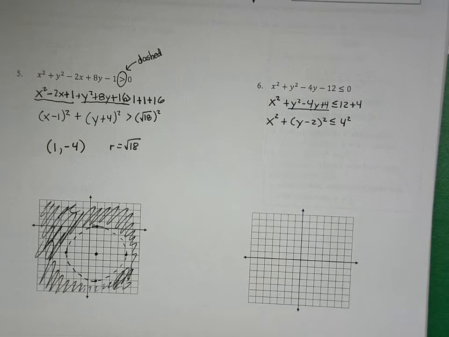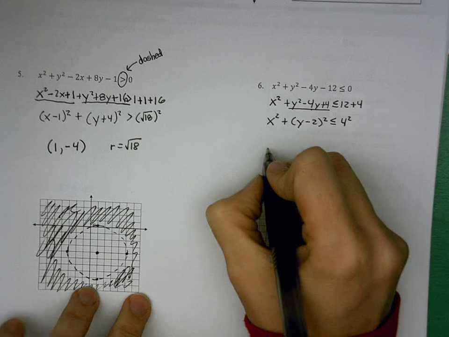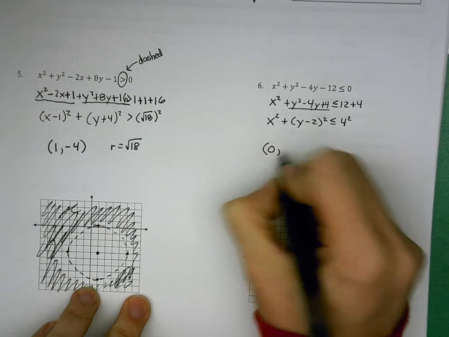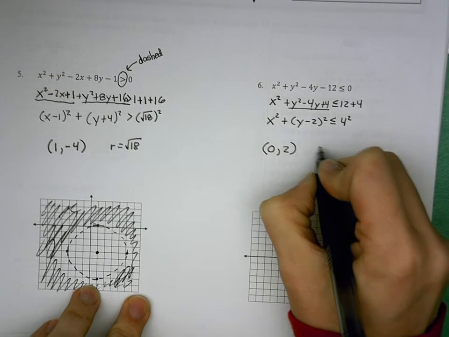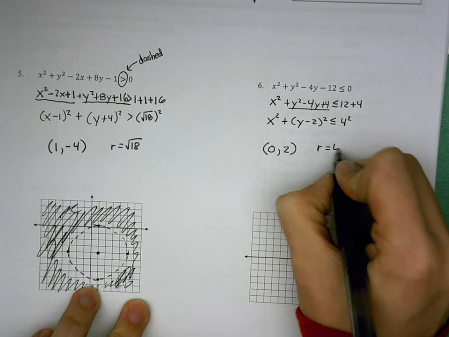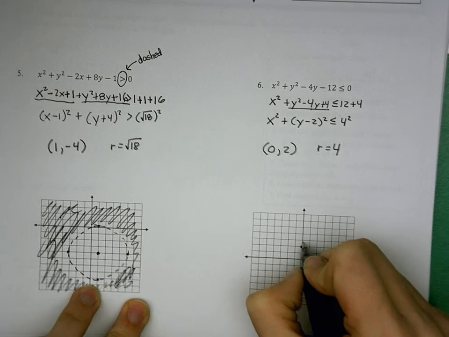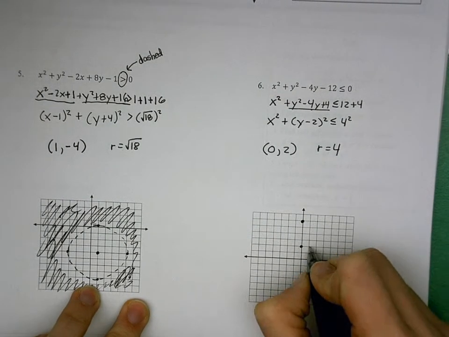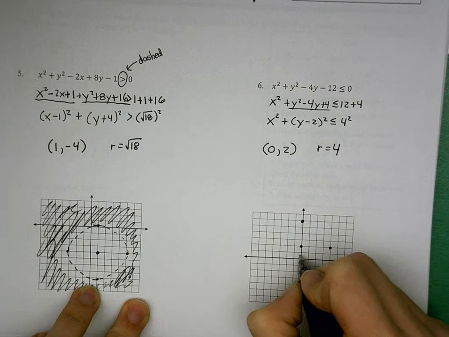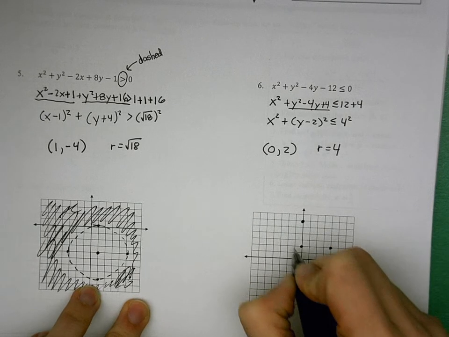Okay, so that gives me my h, k. My h is 0, my k is 2, my radius is 4. (0, 2), radius of 4, counting 4 in each direction.